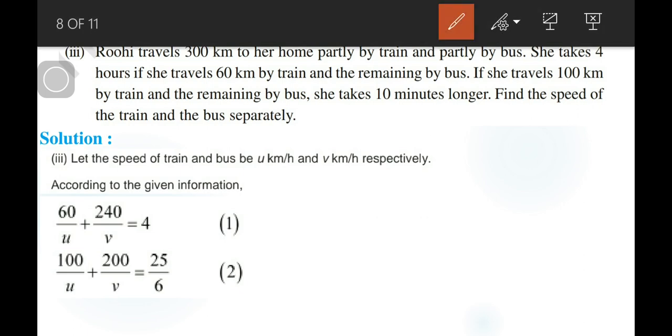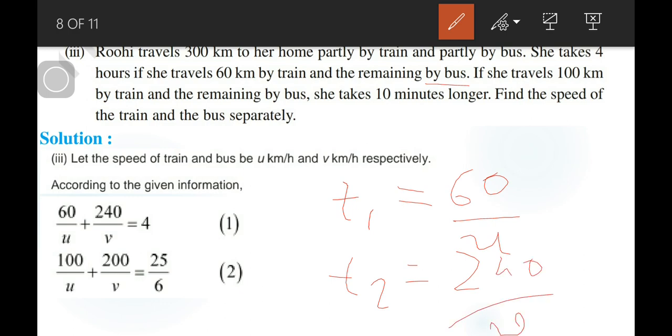As you know, the time taken traveling by train, we say t1, is equal to 60 kilometers divided by u, and t2, that is the time taken traveling by the bus, is distance divided by speed.